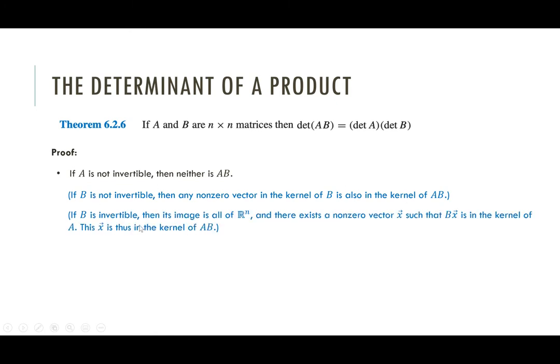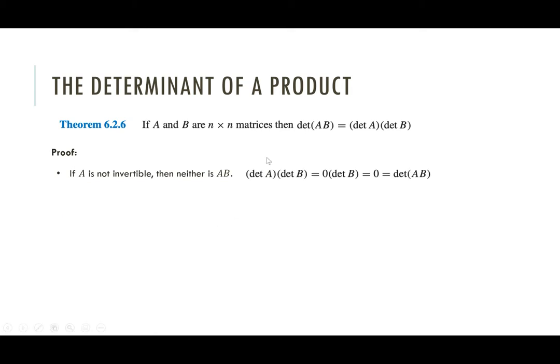If B is invertible, then its image is all of Rn, and so some vector in the image is going to be in the kernel of A. So there exists a non-zero vector x such that Bx will be non-zero and in the kernel of A. And so this vector x is going to be in the kernel of AB. And so once again, if A is not invertible, neither is AB.